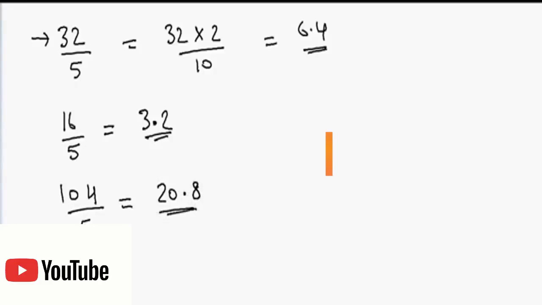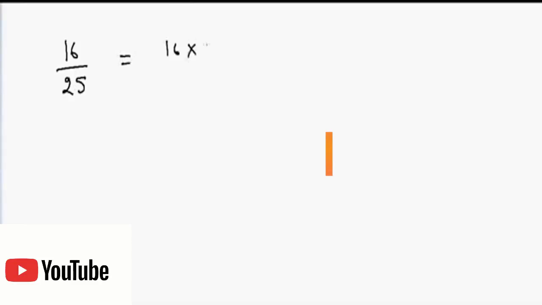That's your answer. Again, if I have to divide by 25, suppose I have 16 and want to divide by 25, how will I go about this? In that case, I can write it as 16 into 10 into 2 into 2 divided by 100, right?